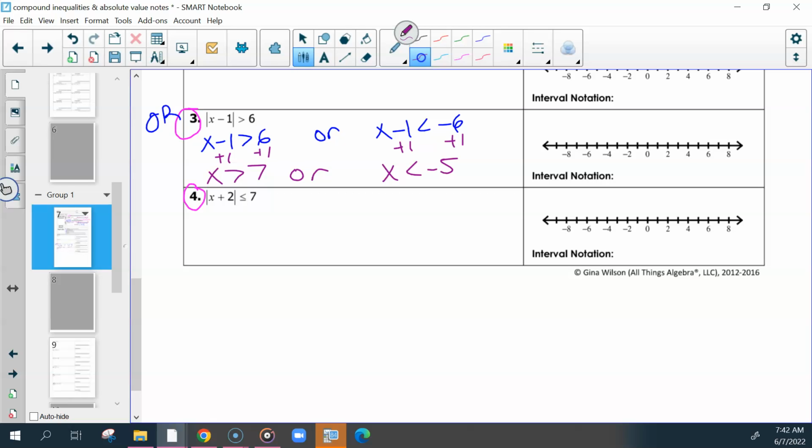These would both be open circles, and that's nice with absolute value inequalities. They'll both be the same, either both closed or both open.